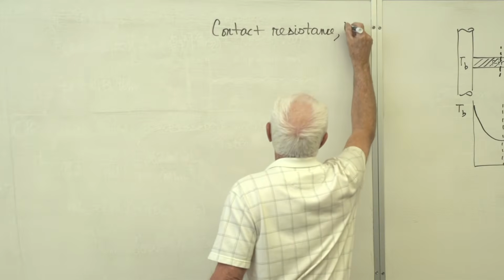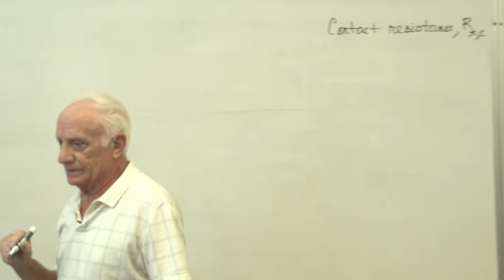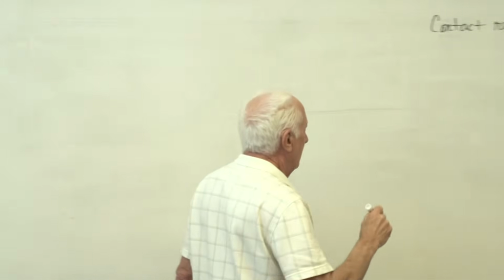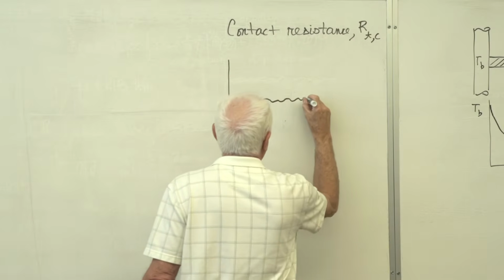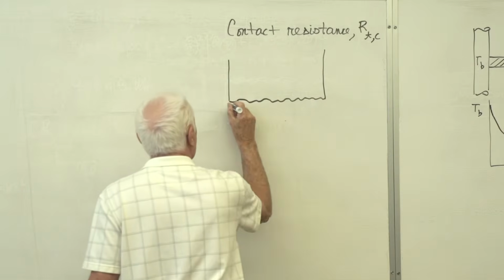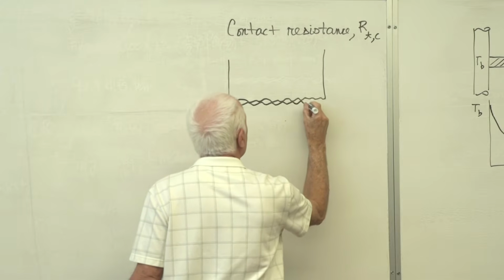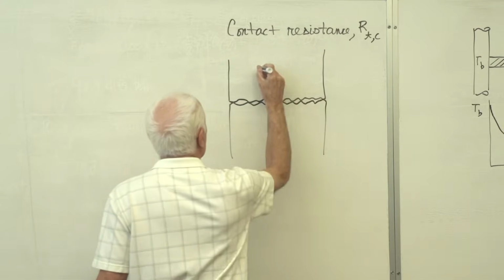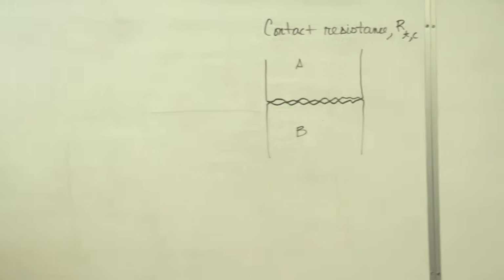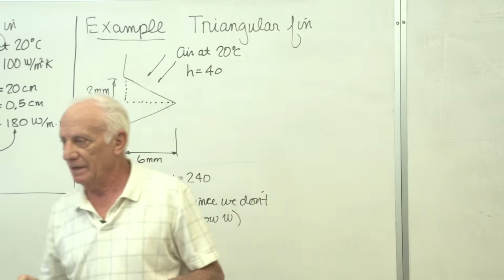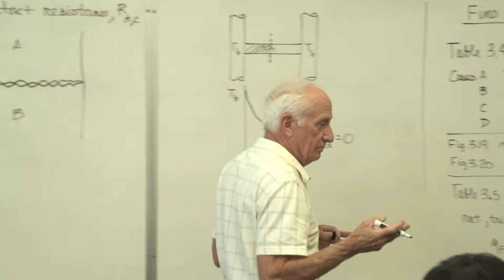It's given by the symbol R. T stands for thermal, C stands for contact, R subscript T, comma C. If I take 2 materials, A and B, and I really look at them under a microscope and look at their surface condition, for instance, take a piece of rough wood and take a sheet of aluminum. That's okay.